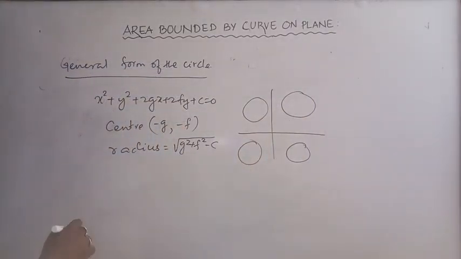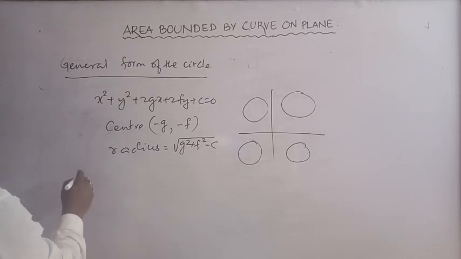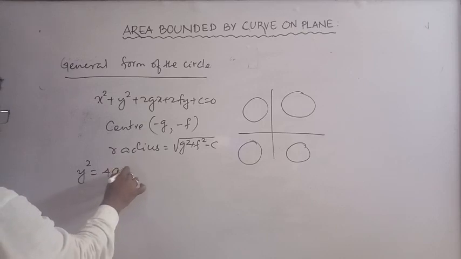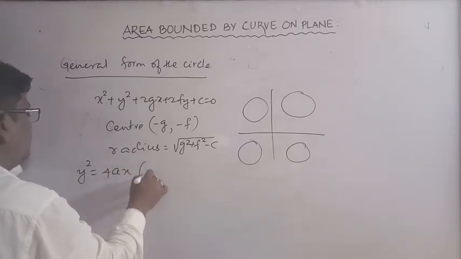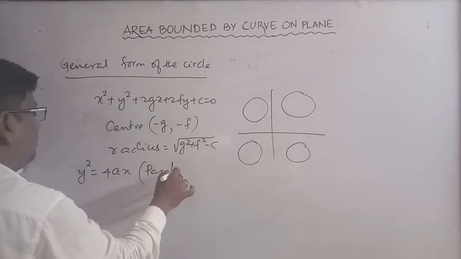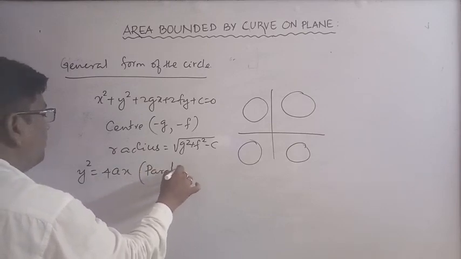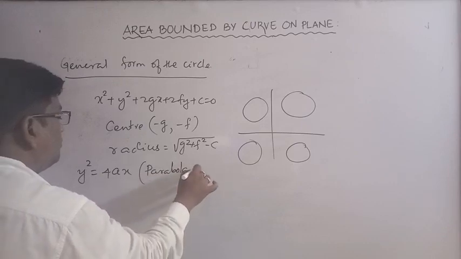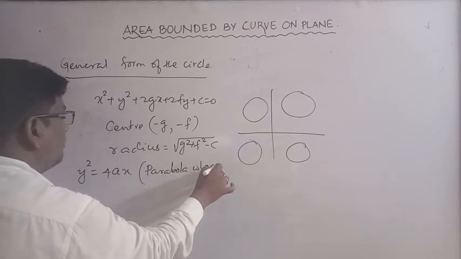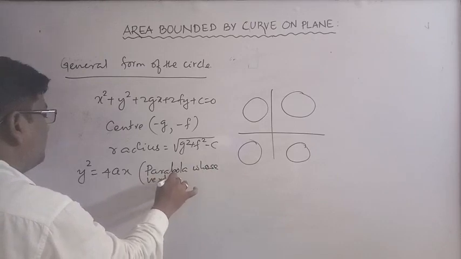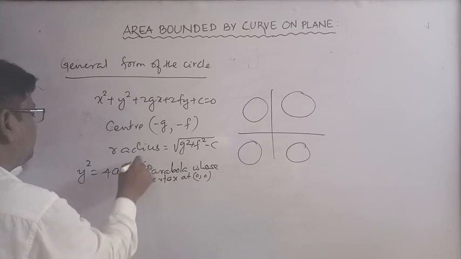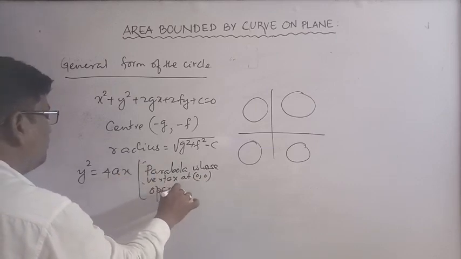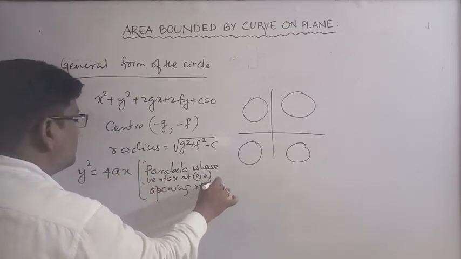Now suppose the parabola y square is equal to 4ax, whose vertex is at (0, 0), opening to the right side.